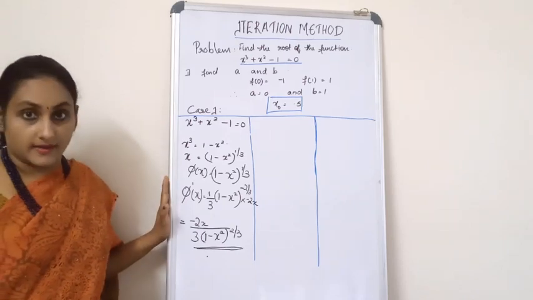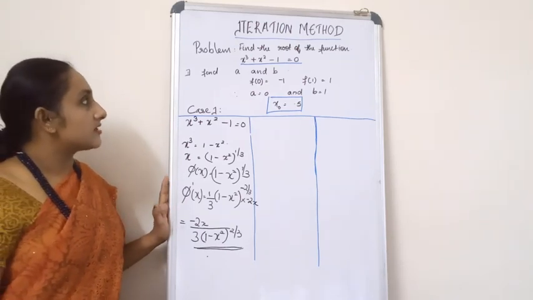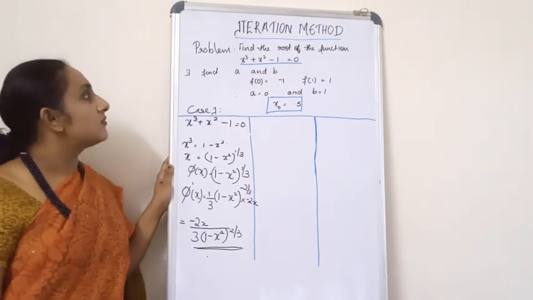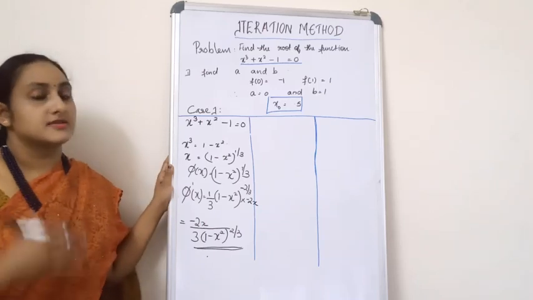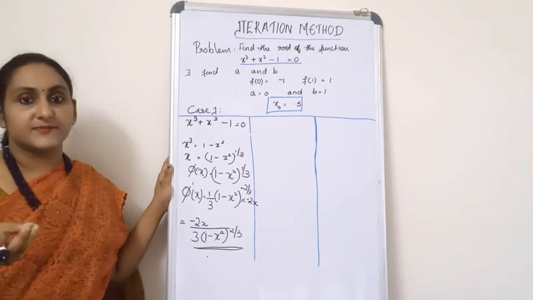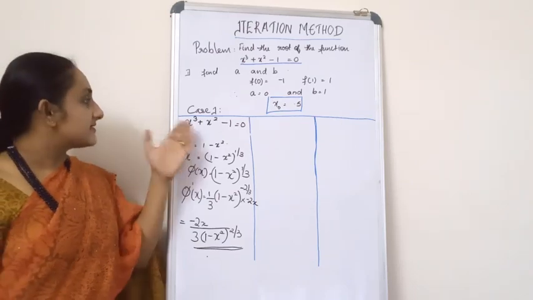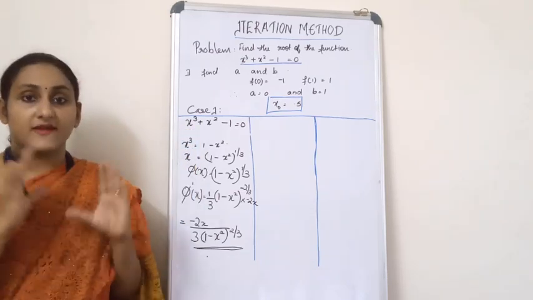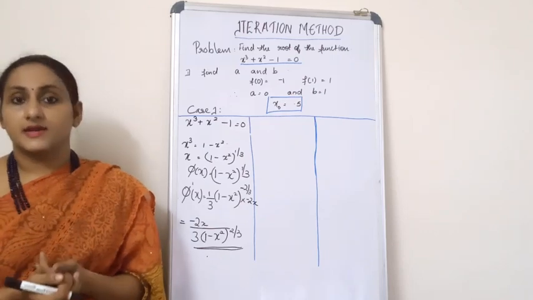This is case 1. When you have a close look at your function x cubed plus x square minus 1 is equal to 0, there are 2 more ways of expressing x. This is not the only way of expressing x in terms of another function.